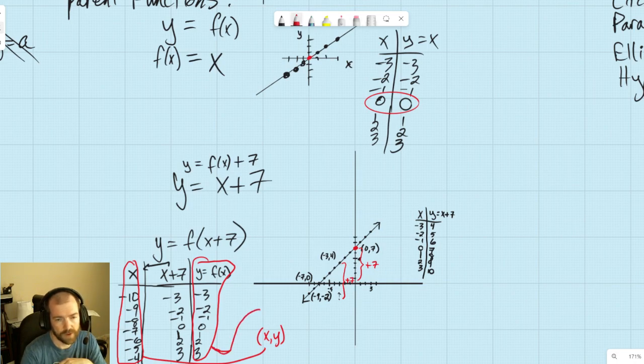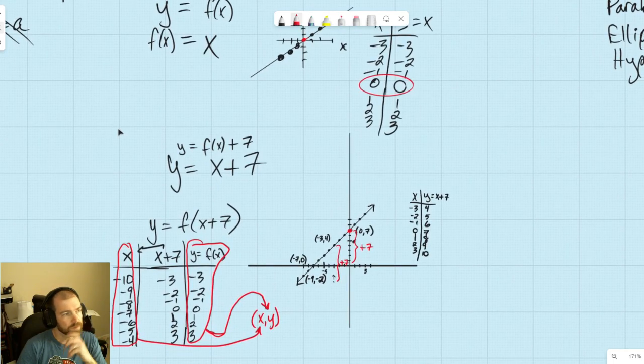These y values right here go in there. These x values here go in there. So what has it done this time? Because it hasn't moved everything up. Instead, what it's done is it's taken all of our points and moved them to the left.